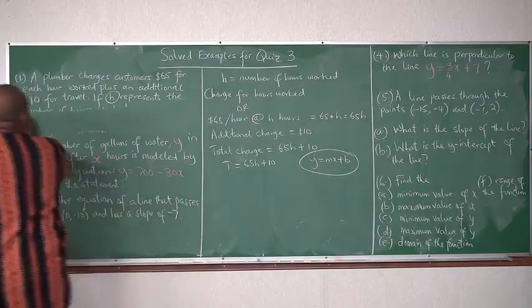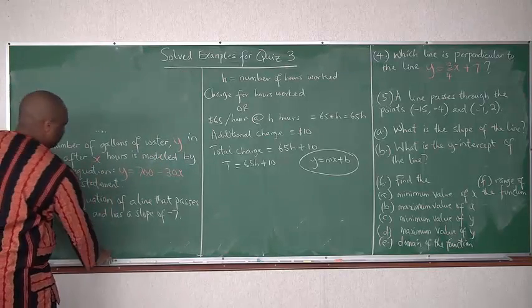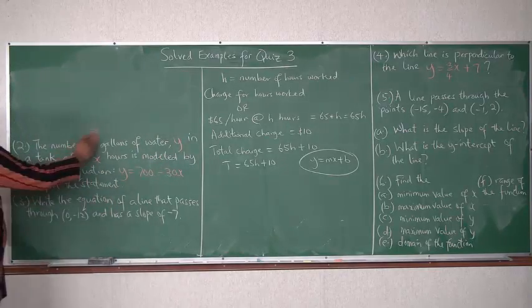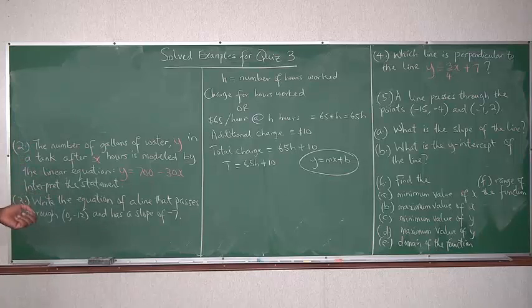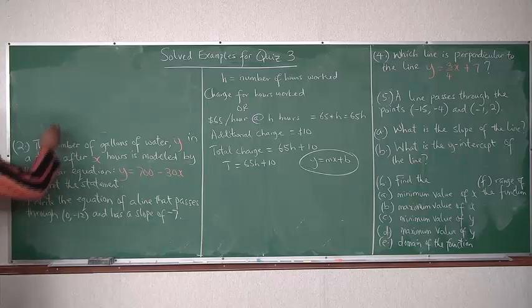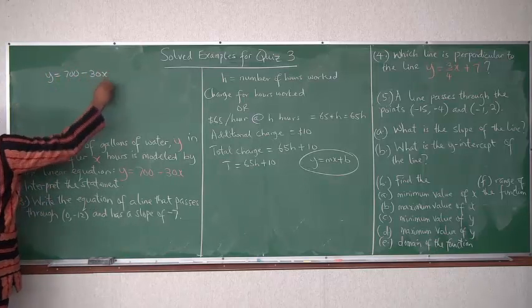Number 2. It says the number of gallons of water Y in a tank after X hours is modeled by the linear equation Y is 700 minus 30X.